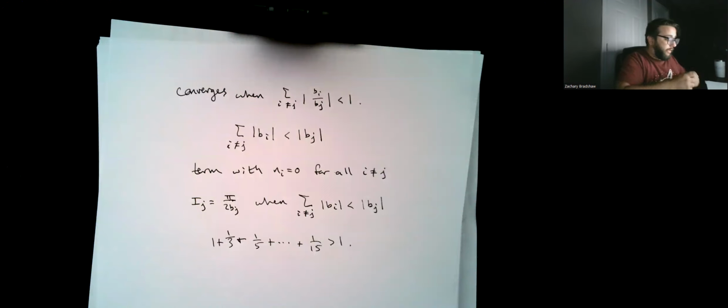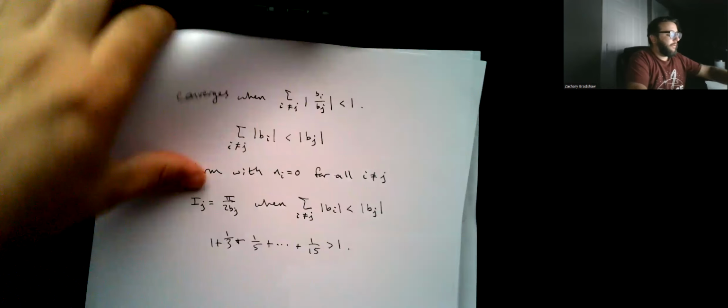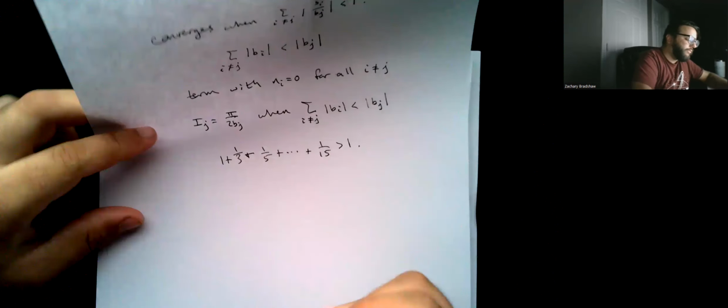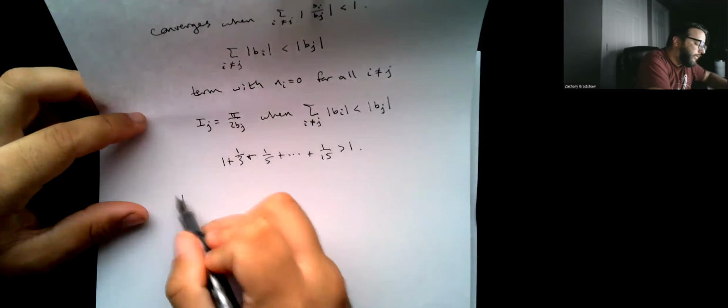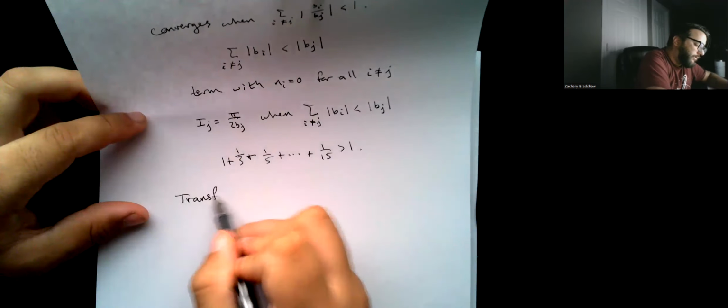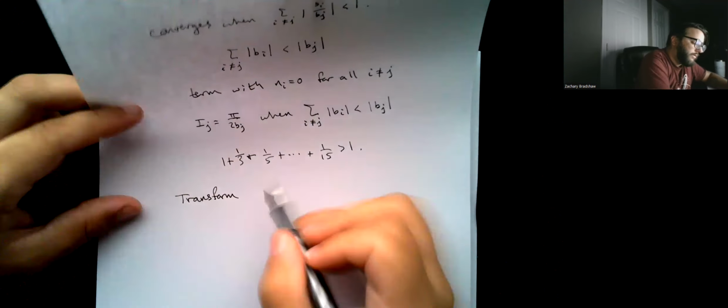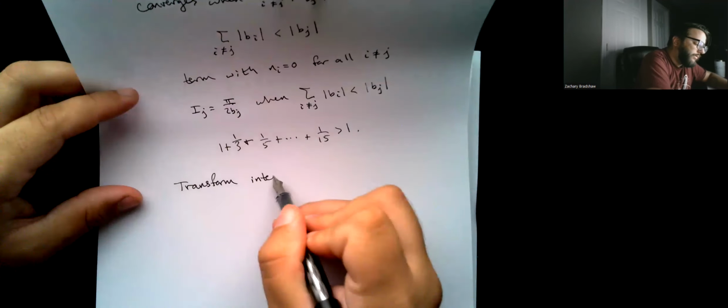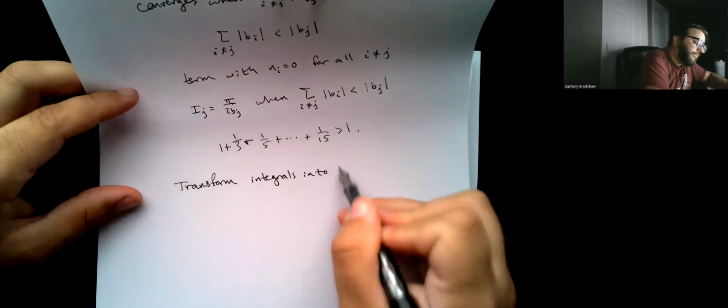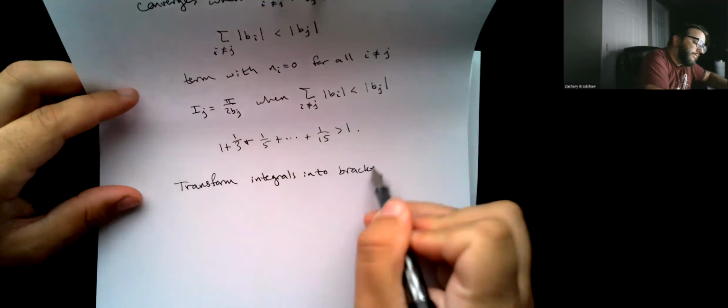But this is just an example that exemplifies that third rule of the method of brackets. So just to summarize really quickly, what does the third rule say? It says transform your integral into bracket series.